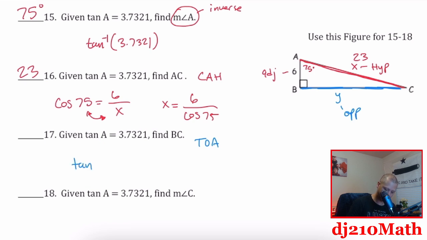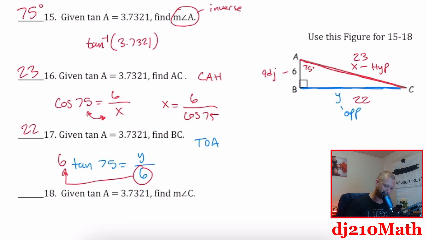Tangent of 75 is equal to opposite over adjacent. The variable's on top, so I move the denominator up and go straight to the calculator. 6 tangent 75 comes out to approximately 22.